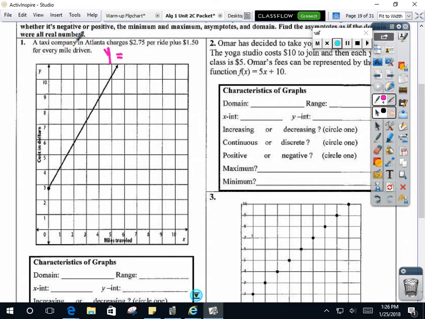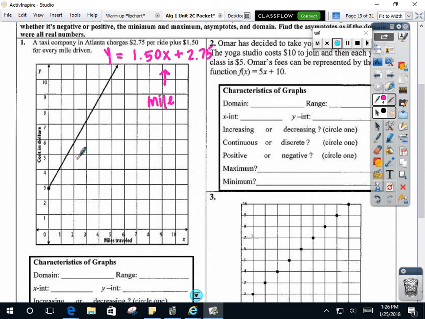From this scenario, what would your slope be? $1.50 x, and what does the x represent? Right, miles. It's $1.50 per mile, and then what's your y-intercept? 2.75. See, it's 2.75 per ride. That's like a flat rate. And then on top of that flat rate, you pay $1.50 per mile.